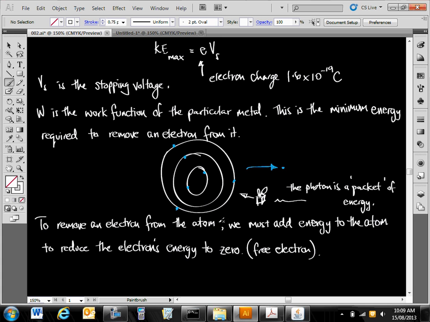What we have to do is raise, through shining light on it, the electron's energy to 0. And then it becomes a free electron. If we only raise it to 0, then theoretically it's got no energy, which means it's not moving. But anything greater than that, then we'll have electrons that leave with some velocity v, free from this atom.